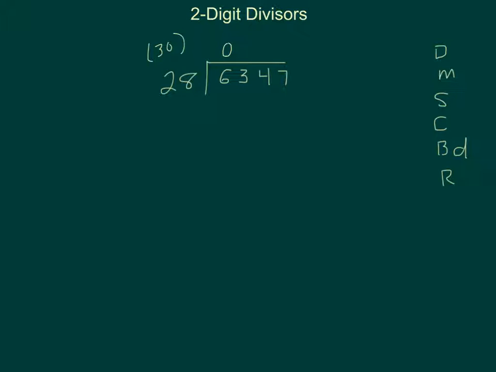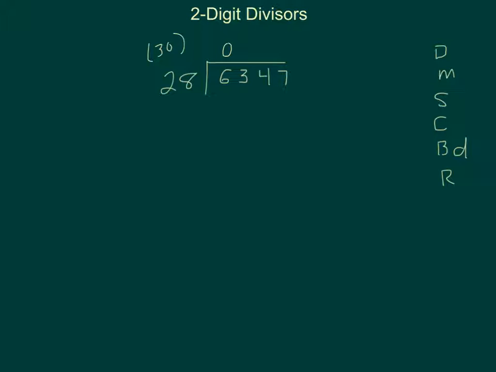So now we want to know how many apples they could get. And this is where the rounded number can come into play. We can look at the first digit here and the first digit here. How many groups of 3 could we get from 6? And that's 2. 3 times 2 is 6.